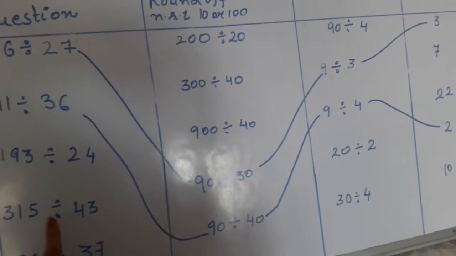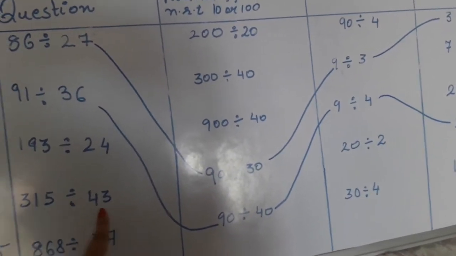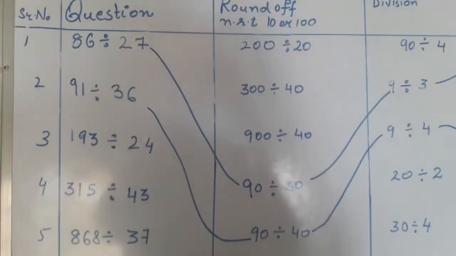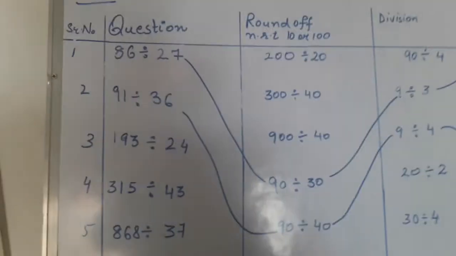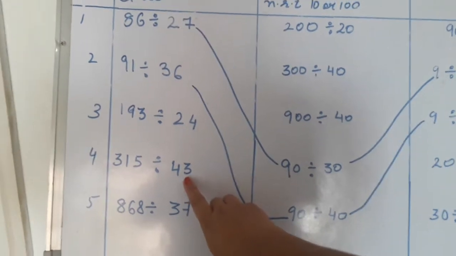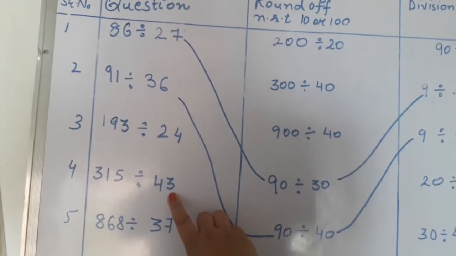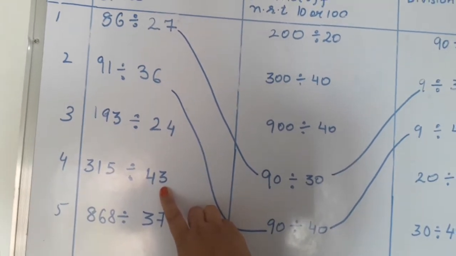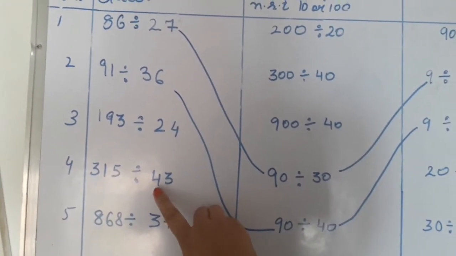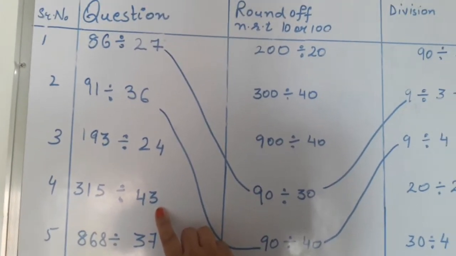Okay, divided by 43. Again 43 is there, so I will round it off nearest to tens, and for tens I will see the ones place. Ones place is again less than 5, so I will not add 1 to the tens place and just write 0. Clear?